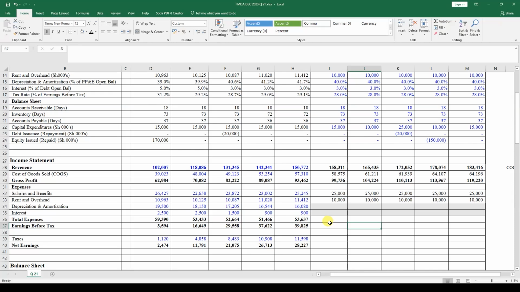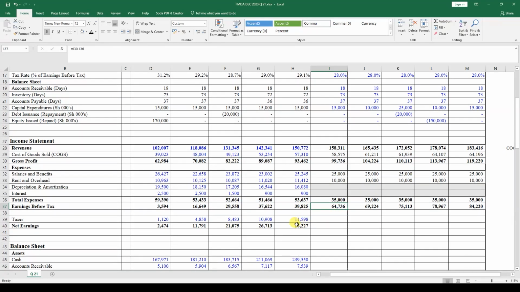Because these are totals, the ones in black are always totals, and the ones in blue are hard coded values. We just drag them. Remember that this value is bound to change, as well as this value, because we've not filled out the depreciation, neither have we filled out the interest.